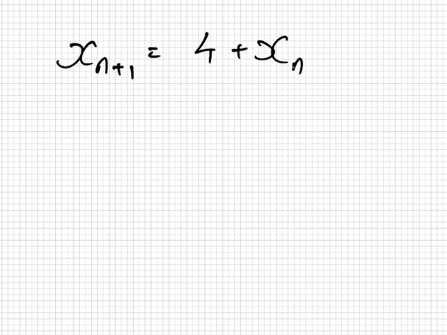Firstly, it's not xn equals, it's xn plus 1 equals. What else is different? There's another x as well, isn't there? If I said to you, what is the 4th term, what do you make n equal? 4. And where's the n here? There is no n.